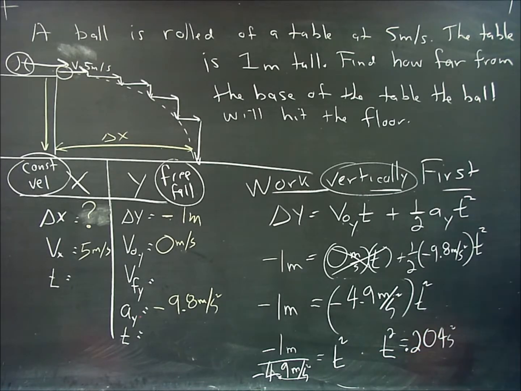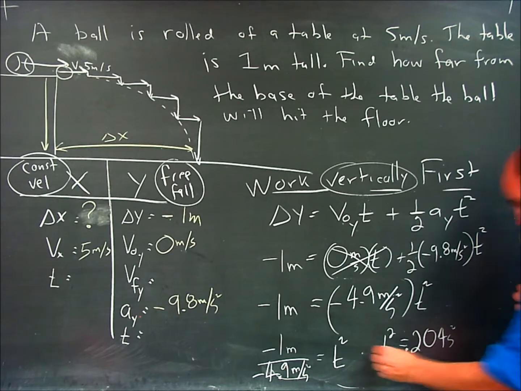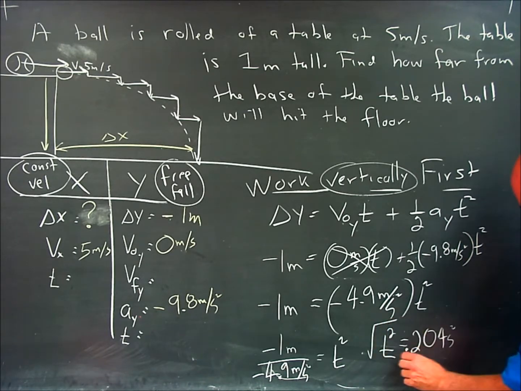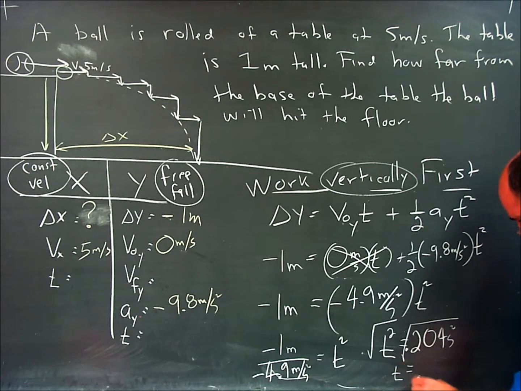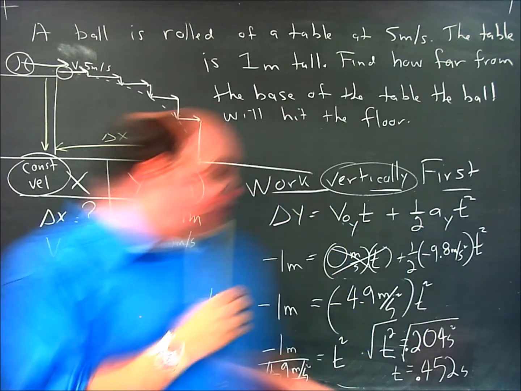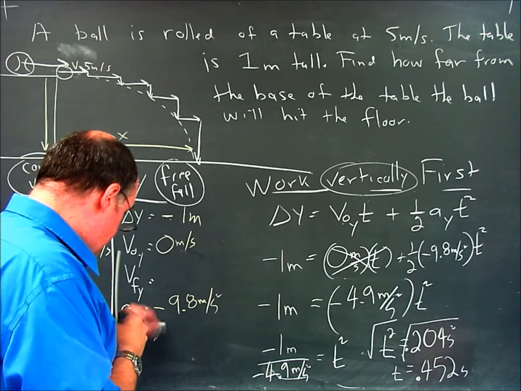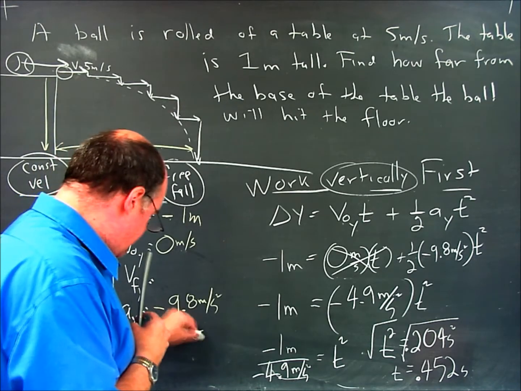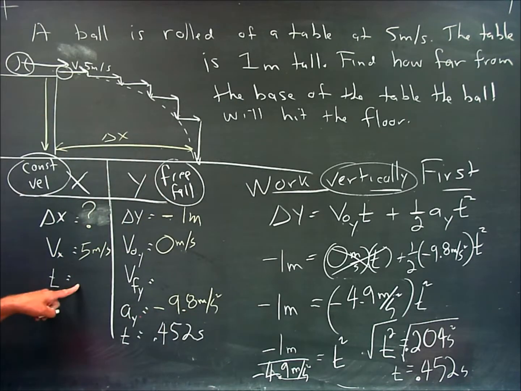So if I hit the square root button, once I square root both sides, t is equal to 0.452. So that's the time. So I can put the time right here. So the time is 0.452 seconds. And the time is also going to go over here.